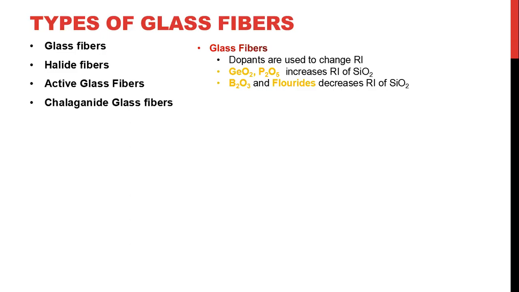In the case of glass fibers, as we had discussed just before, we need to add some dopants in order to vary the refractive index. If and only if we can vary the refractive index, then only we can create a core and cladding separately.